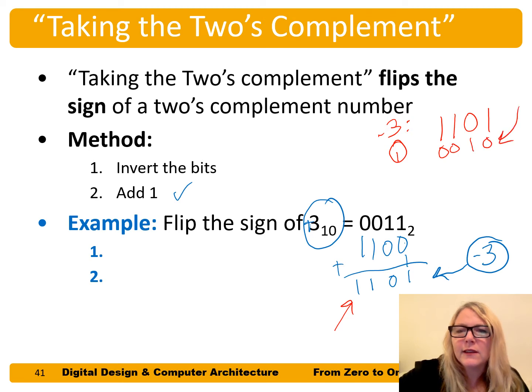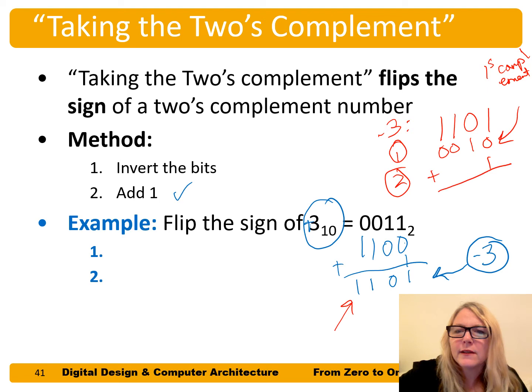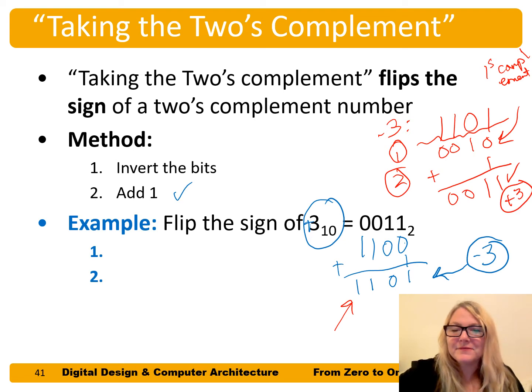And this is called the 1's complement of the number above it, just so you know. And now step 2 is we add 1. We get 0, 0, 1, 1. So we started with -3, and now we've flipped the sign to get +3.